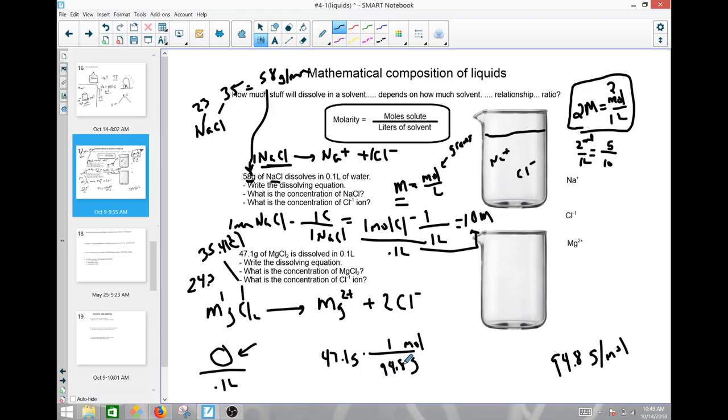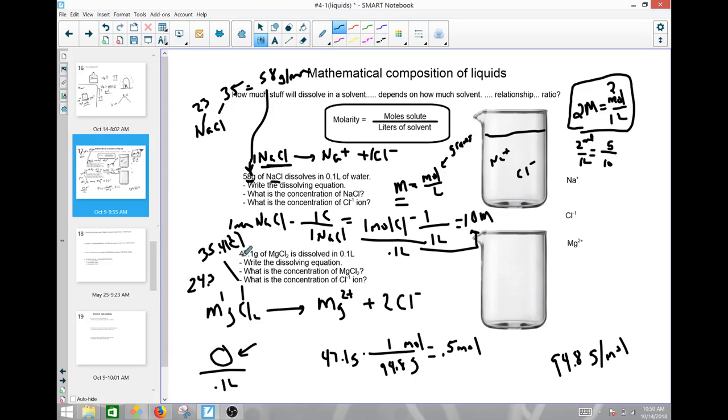And it's a good chance I picked this number to be a nice fraction. 47.1 divided by 94.8, and I get pretty close to a half. 0.4968. So I'm just going to call this about 0.5 moles, for sake of numbers.